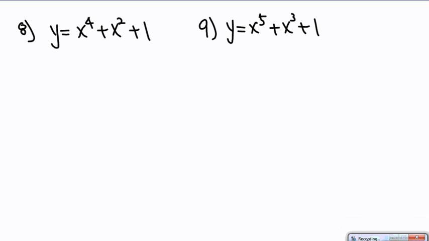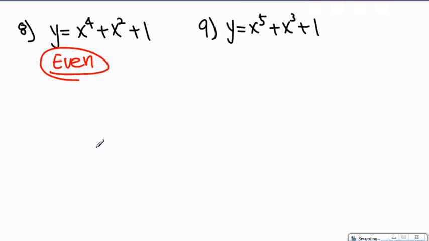All right, so let us continue here. What do you think about the first one, number 8, y equals x to the 4th plus x squared plus 1? Yes, that's right. When you look into the exponents, as you can easily see, this has got to be an even function.